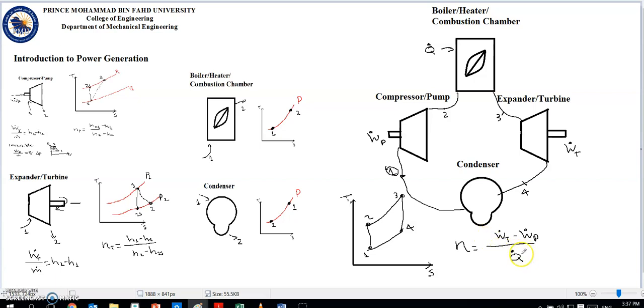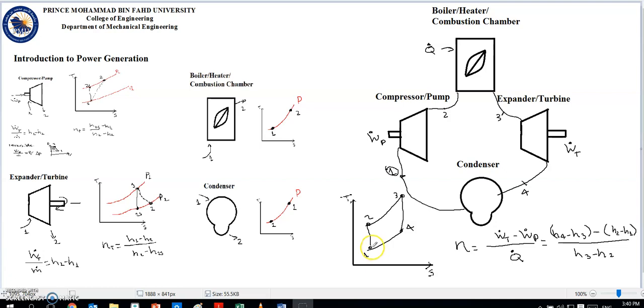We can substitute all this with the enthalpies we found there. So we'll get (H3 minus H4) for the turbine, minus (H2 minus H1) for the compressor, divided by (H3 minus H2) for the boiler.